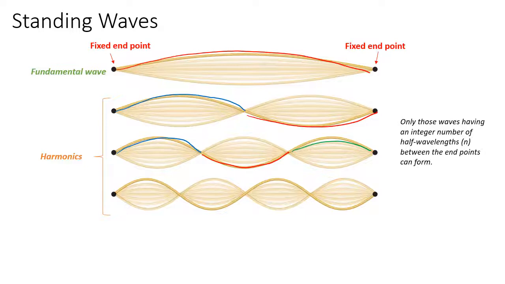In the last harmonic, we have 1/2 wavelength, 2 half wavelengths, 3 half wavelengths, and a total of 4 half wavelengths. Therefore, in each case, n would be equal to 2, n would be equal to 3, and n would be equal to 4 to represent the number of half wavelengths that can occur between the endpoints of the fixed standing waves.